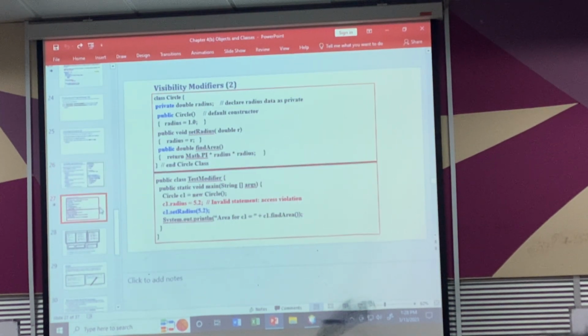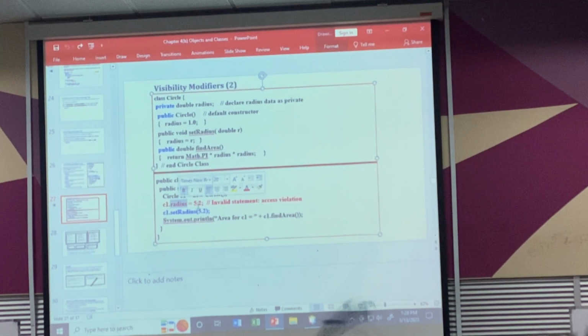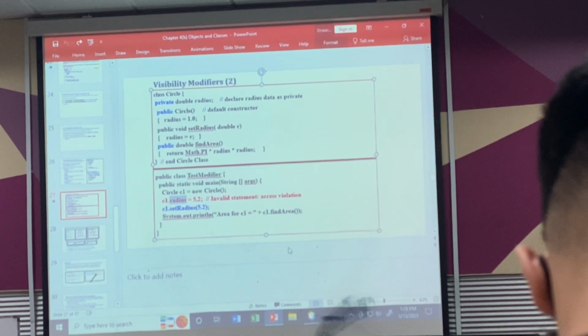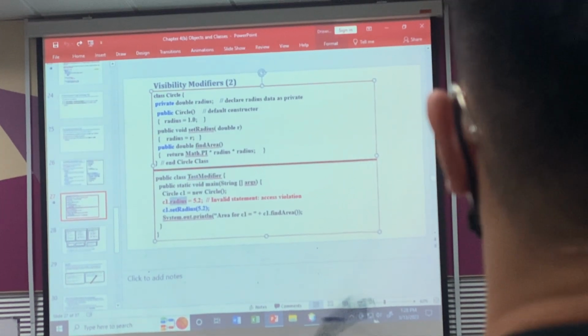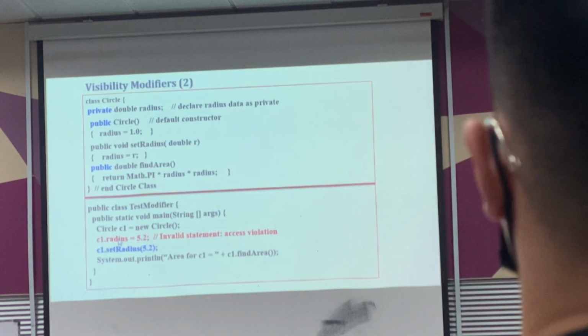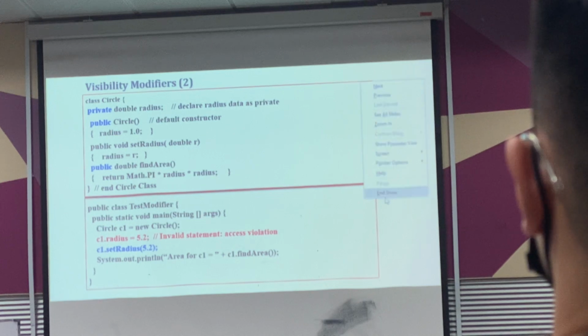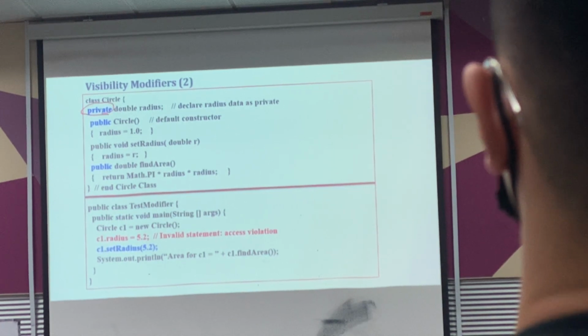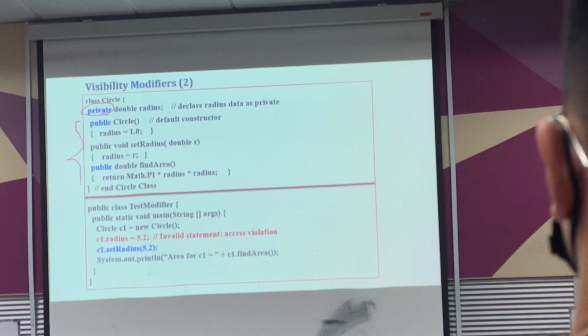Now in your notes it also mentions this radius, the radius 5.2. Why can I not assign the value 5.2 to the C1 radius? Because it's private. I declared this one as private, which means you can only access it within the class itself.